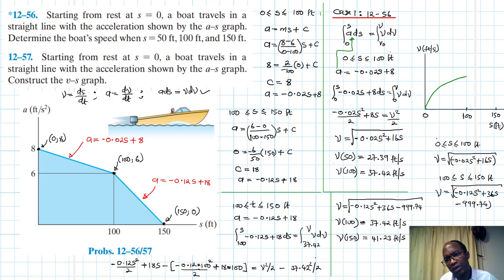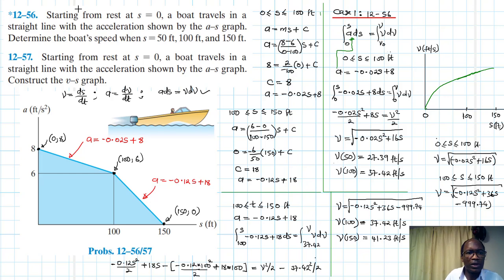Up to 100 we have 37, and then the second interval is also a root, so it will continue in the same manner, going up to about 40, somewhere there.